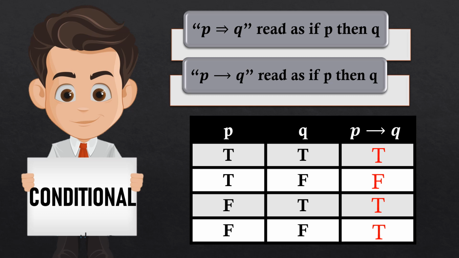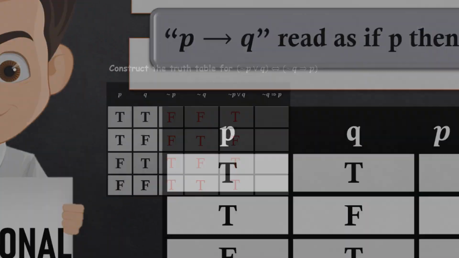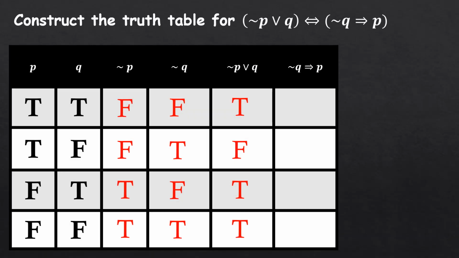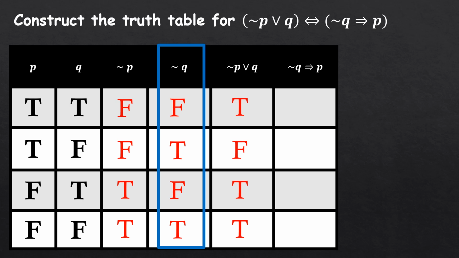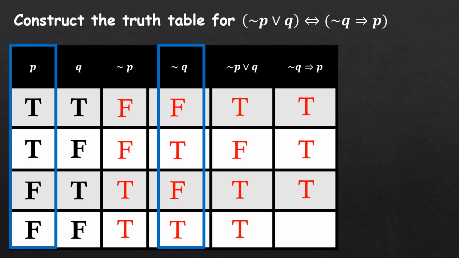It will only be false if the truth values are T implies F. Evaluating not Q implies P, we have to focus on the column of not Q and P. You also have to take note that they are interchanged. So, when you evaluate, you first state the truth values in the column of not Q before the truth values in the column of P. F implies T is T. T implies T is T. F implies F is T. Lastly, T implies F is F.